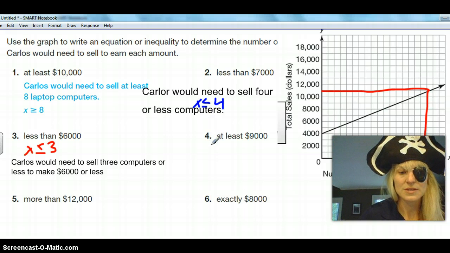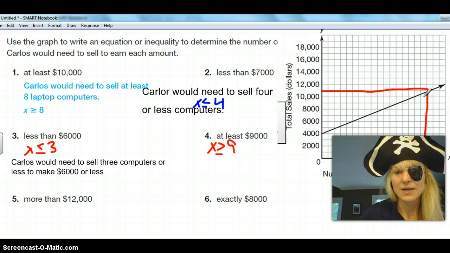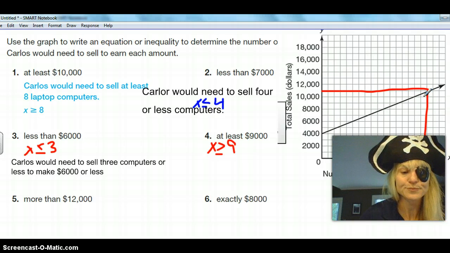So again, I would say x, he has to sell more than 9 computers, right? Because 8.5 he can't sell. He needs at least $9,000, so it means he needs 9,000 or more.